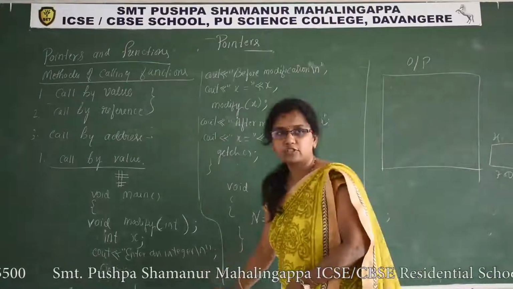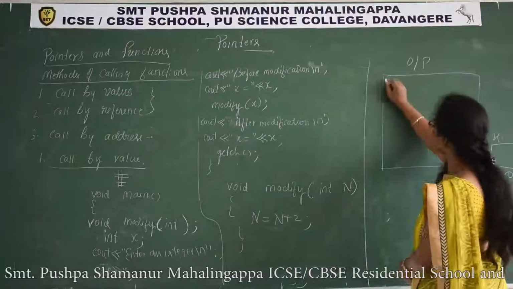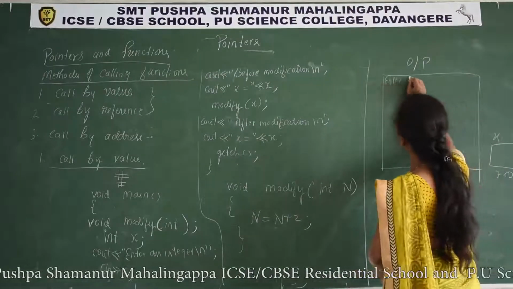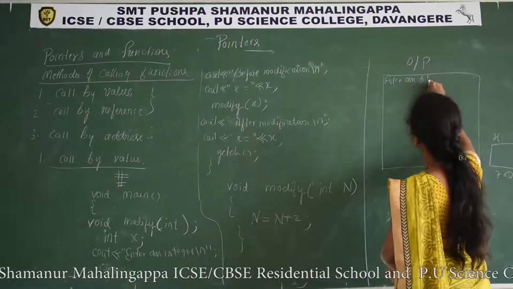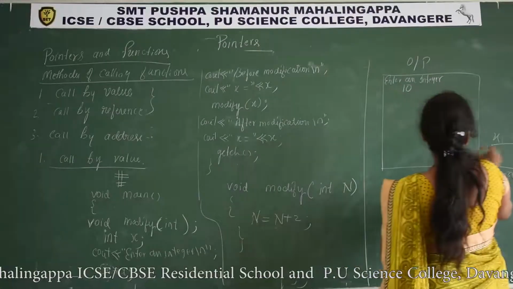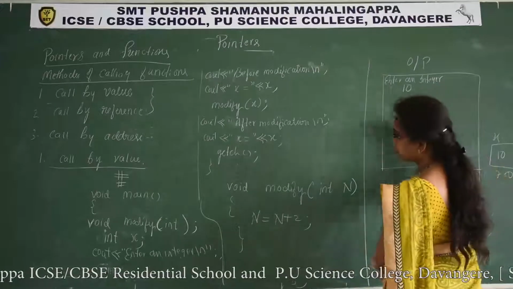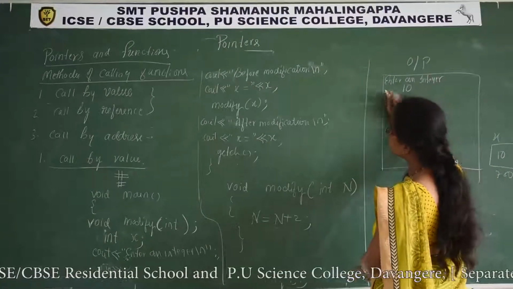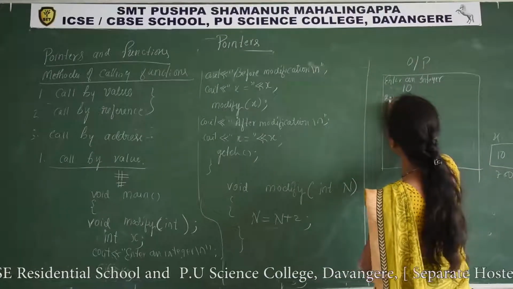After that, enter an integer. This statement will be displayed on the screen. So what is the value? Let us consider 10. So the 10 will be stored in x. After that, before modification, this statement will be displayed on the screen.